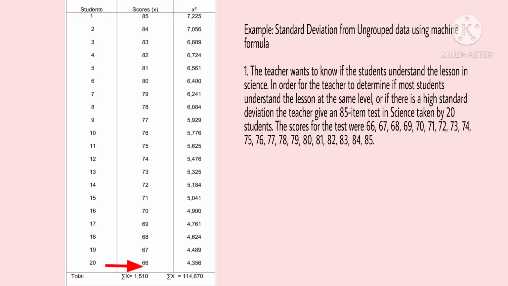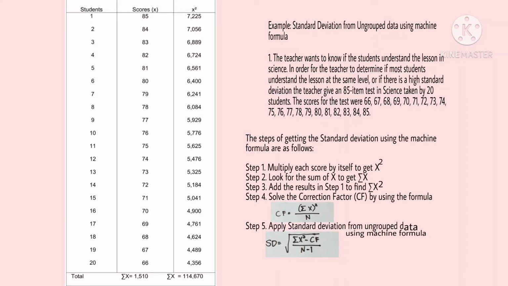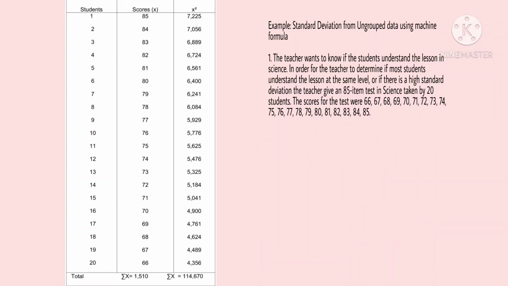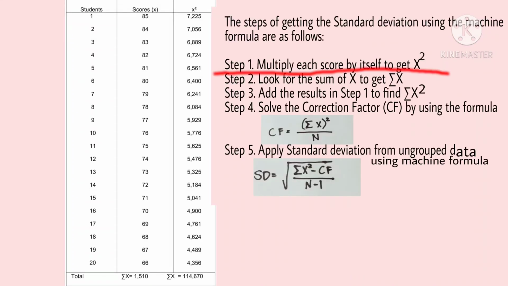So according to the steps, step 1 says that we need to multiply each score by itself to get the x squared.